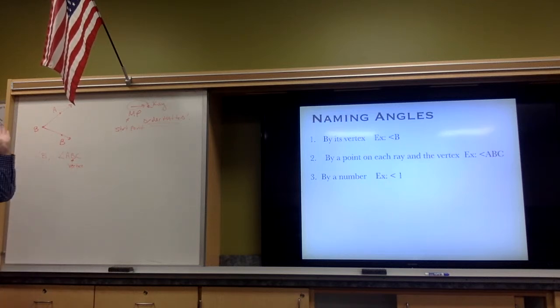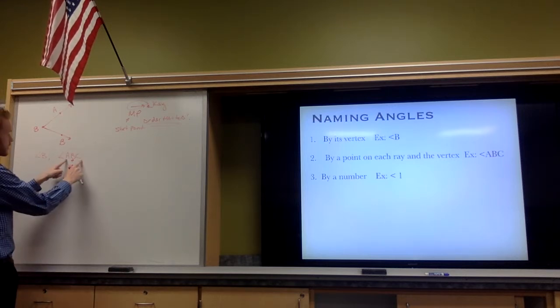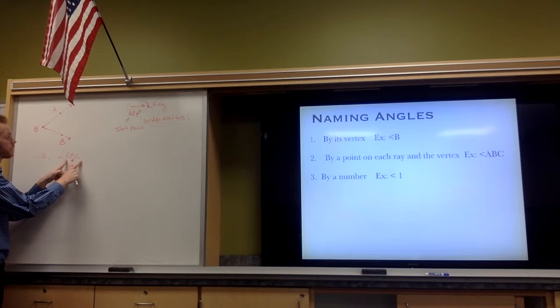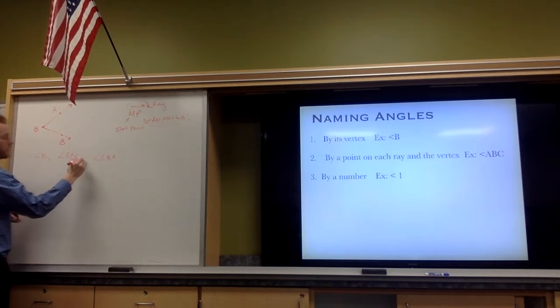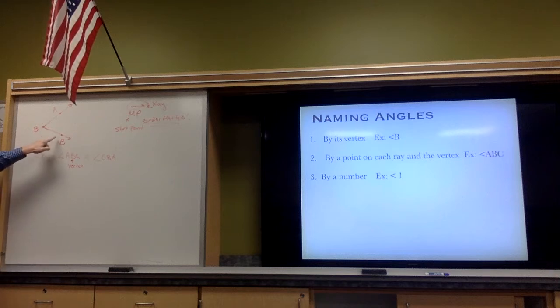So since B is in the middle, it's going to be in the middle when I name it. A and C are on the outside. Now I could flip this. I could say CBA. These mean the same thing. I'm just going in this direction instead of clockwise, so this would be counterclockwise. Whichever direction you go with, the vertex has to be in the middle.